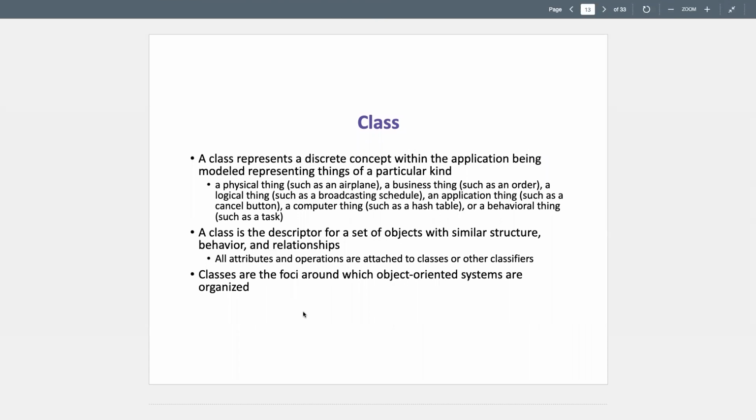Okay, these are textbook definitions here. A class represents a discrete concept within the application being modeled, representing things of a particular kind. Okay, because that's what a class is meant for anyway. So you have a physical thing, like an airplane, or an order, like a business thing, a logical thing, broadcasting.